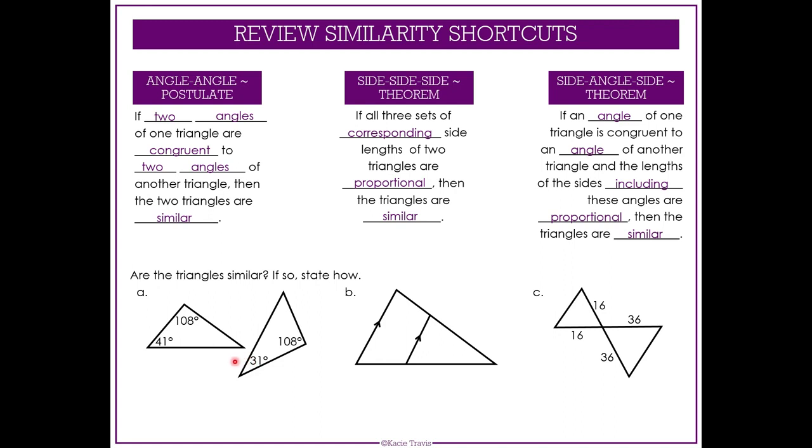For us to be able to really determine this, we have to keep in mind for triangles, all three angles add up to 180. So what we're going to do is go through and find what the other two angles are.